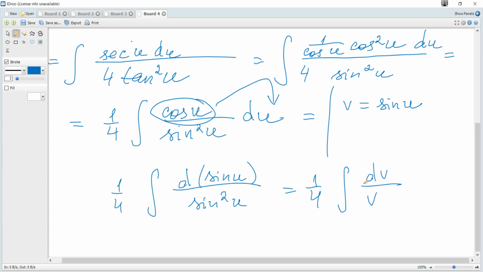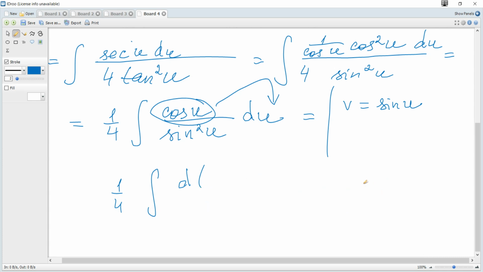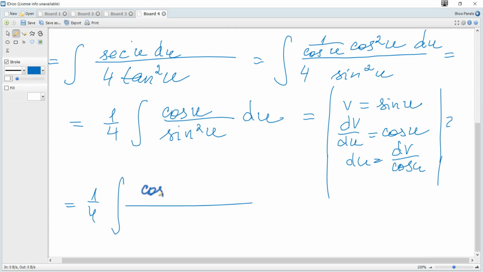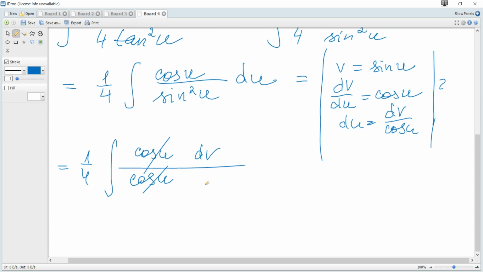If it's difficult, do as usual, just another substitution, v to be sine, then dv over du is cosine, and du is dv over cosine, hence it becomes 1 over 4 integral cosine of u du, which is dv over cosine of u, and cosine of u cancels, over sine squared, which is v squared.